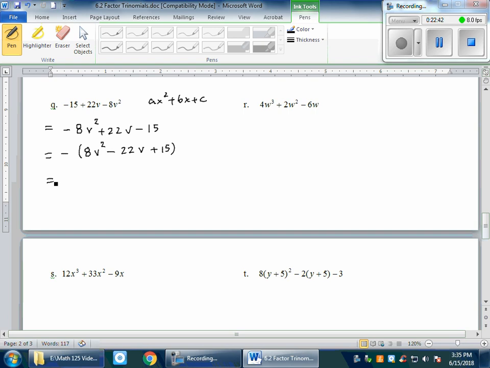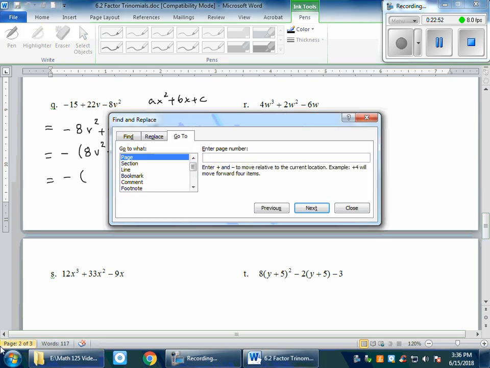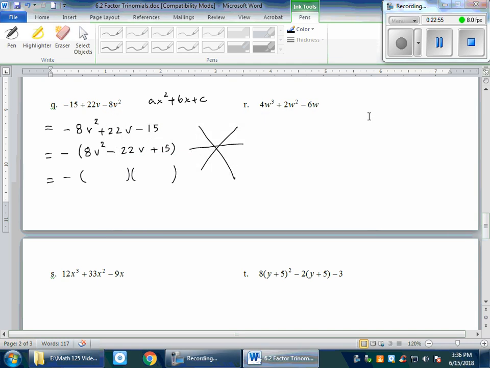And now we're going to use the technique that we just learned to factor this. So I want to multiply a and c, which is 8 times 15. That gives me 120. And I want to get my b, which is negative 22.